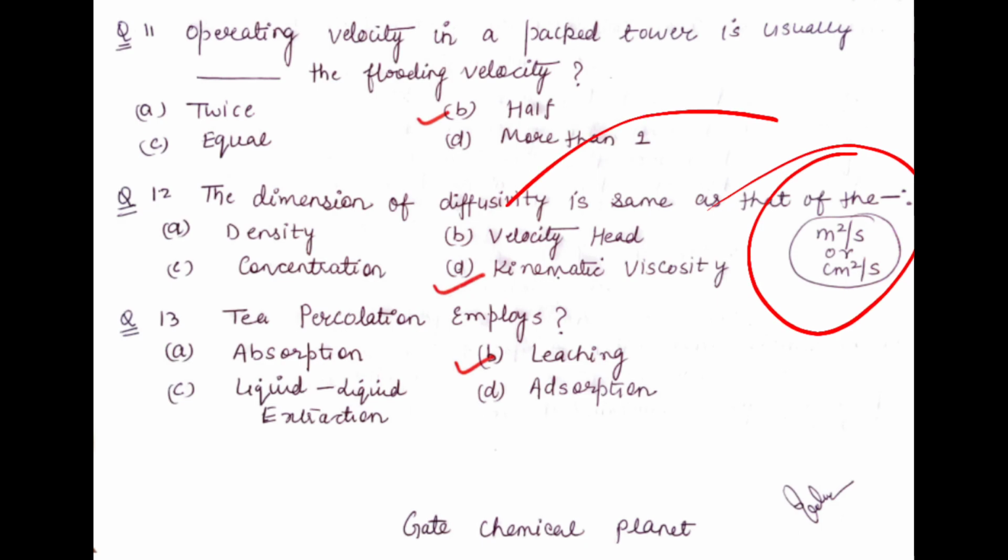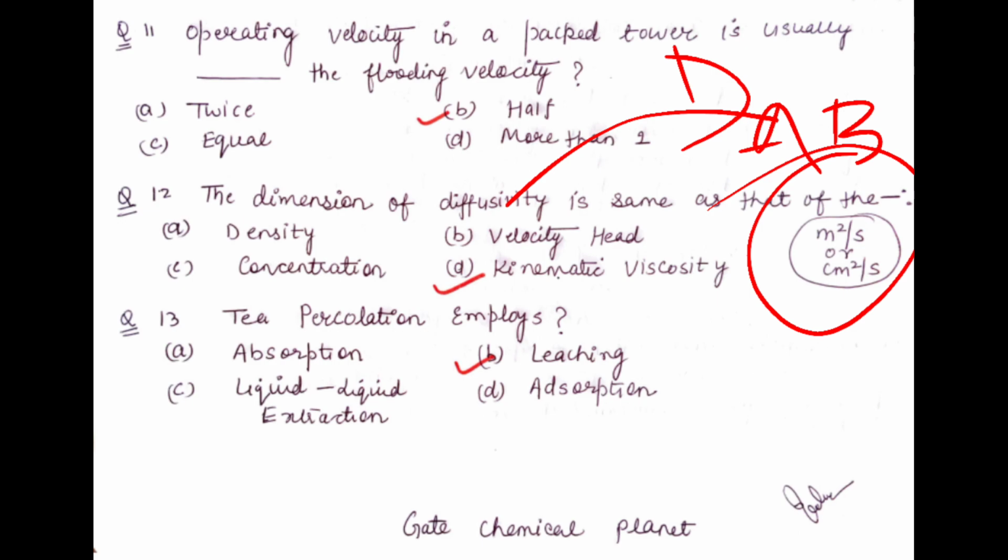Okay, so this is the diffusivity DAB, and the unit of diffusivity and kinematic viscosity are both the same, meter square per second. So now we will move on to the next question.